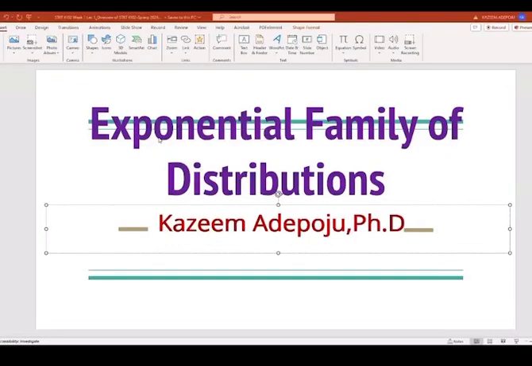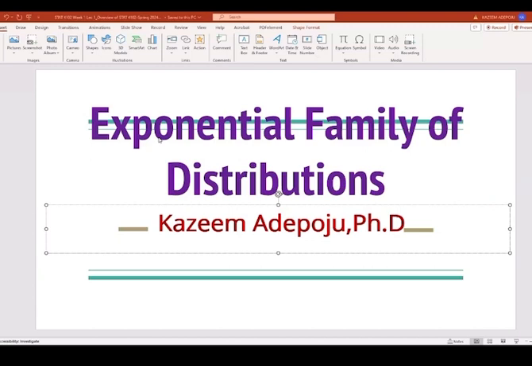Of course, in my previous video, I introduced you to the exponential family of distributions, and I walked you through an example of a one-parameter family. This time around, I'm going to walk you through a multi-parameter family.